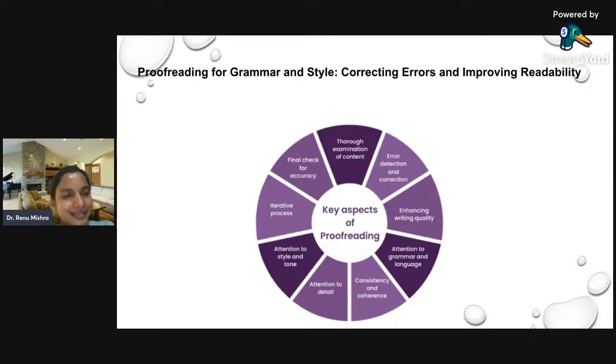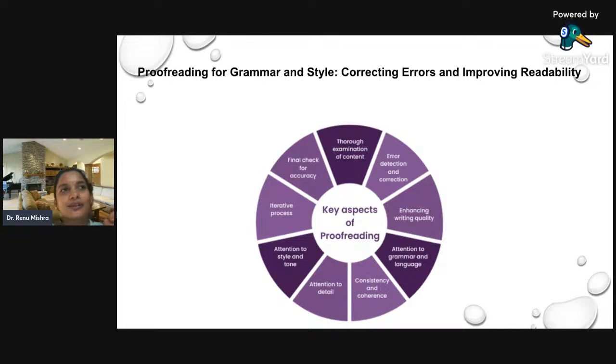It enhances your quality. A technically qualitative work but a poorly written report is equal to null and void work.